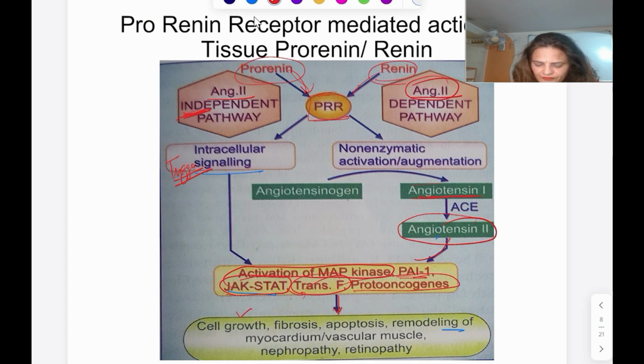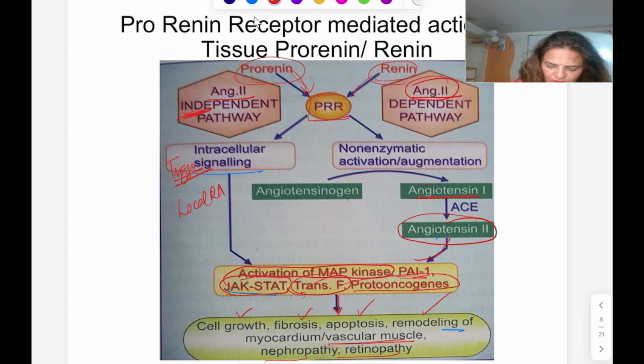You can see fibrosis, apoptosis, hypertrophy, ventricular hypertrophy, myocardial remodeling, remodeling of the vascular muscle mass, nephropathy and retinopathy.